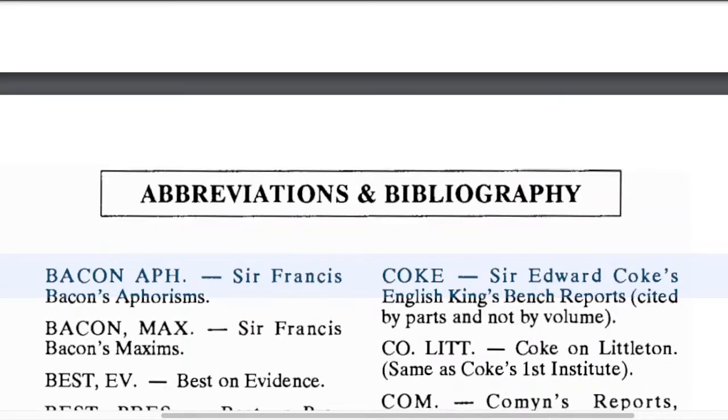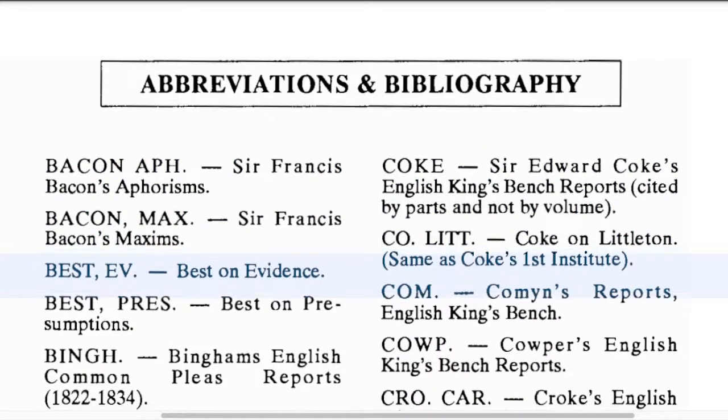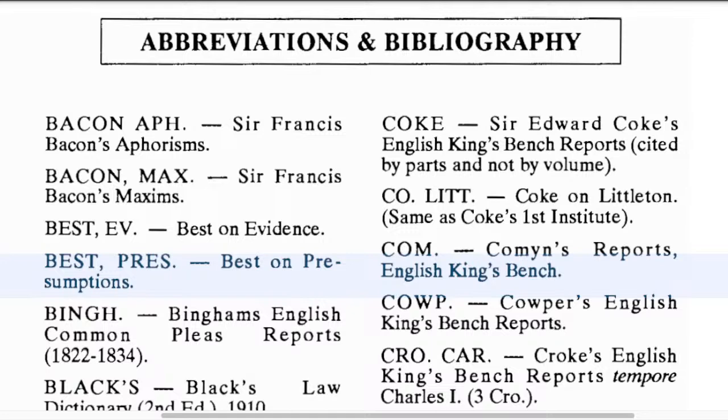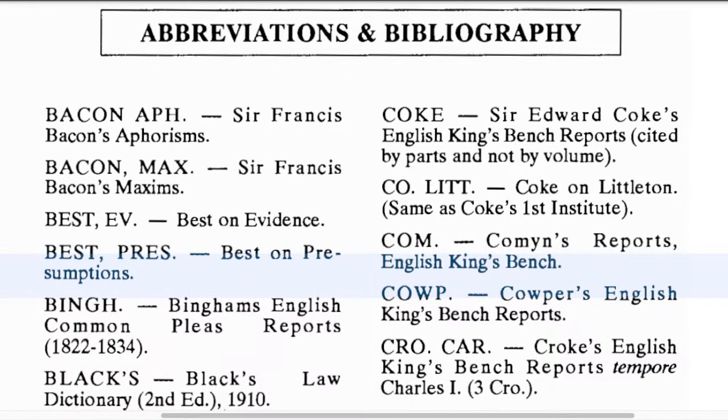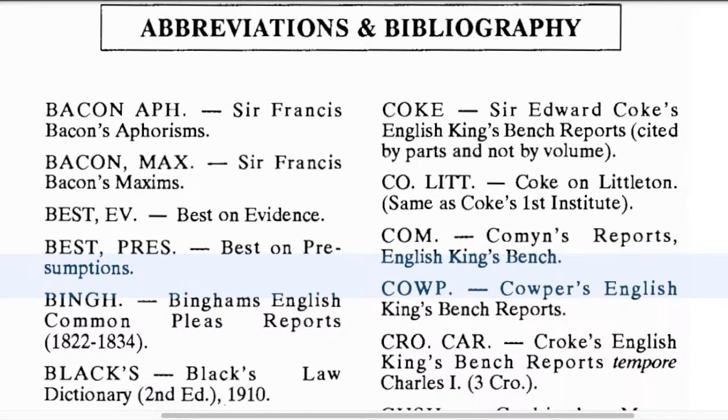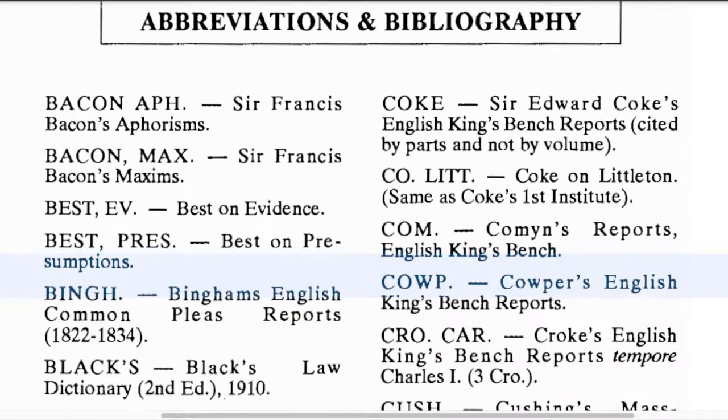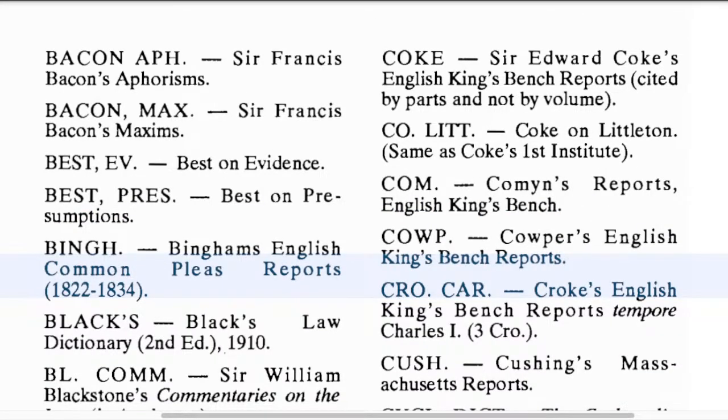And at that, my friends, we have completed the Maxims of Law in English, cover to cover. And we can see here some of the abbreviations and the references, the bibliography of this book, where we saw Bacon, Sir Francis Bacon's aphorisms, if it's APH, and Sir Francis Bacon's maxims, if it's MAX, Best on Evidence, Best on Presumptions, Bingham's English Common Pleas Reports, 1822 to 1834.